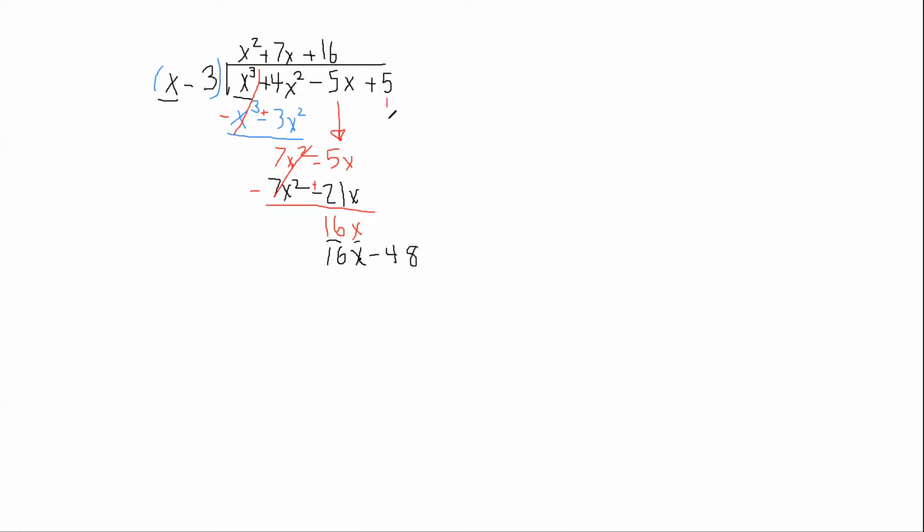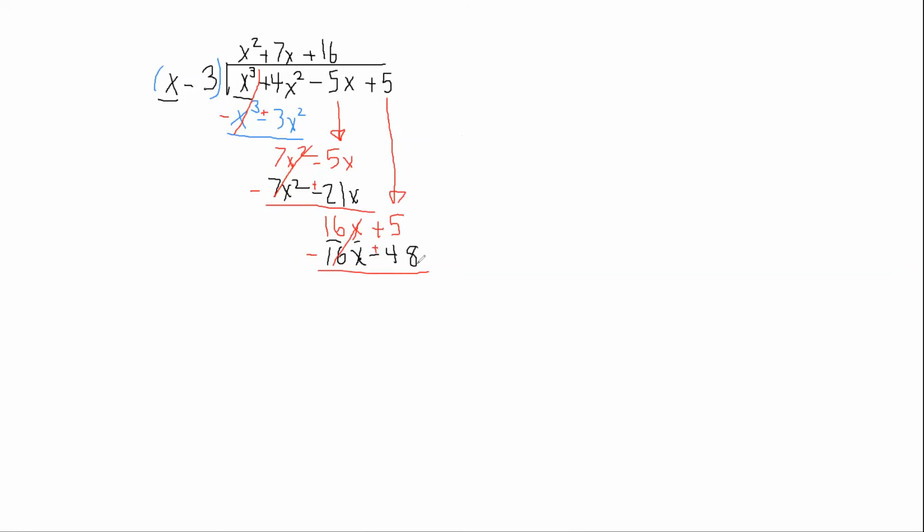Again, we carry down the 5. Since it's positive, we add 5 here. And we do our subtraction. 16x is canceled out here, and we have addition to do here.